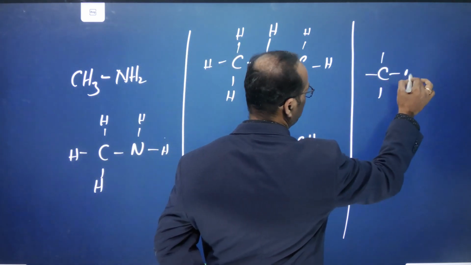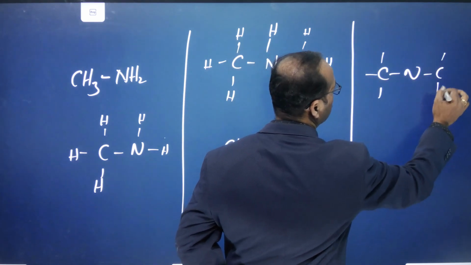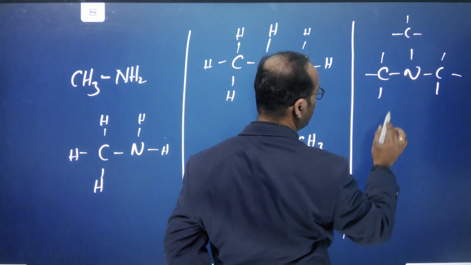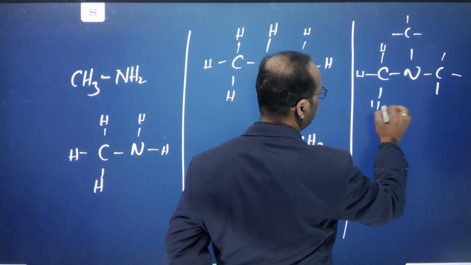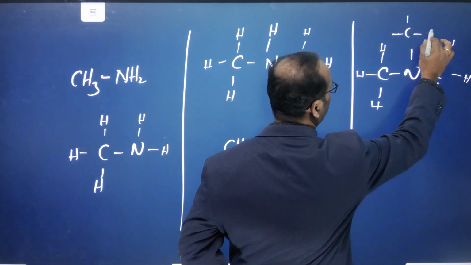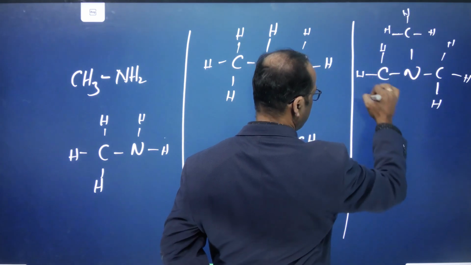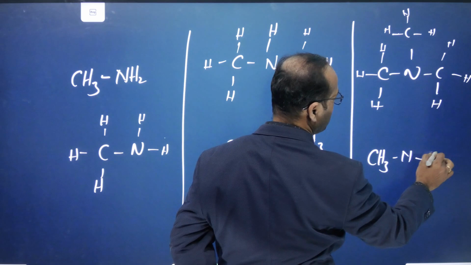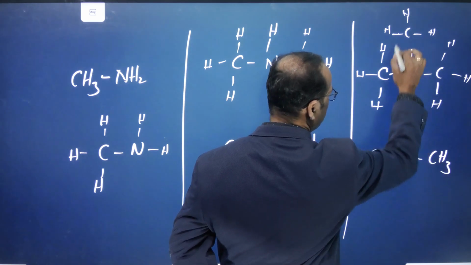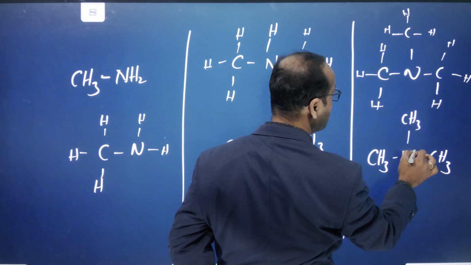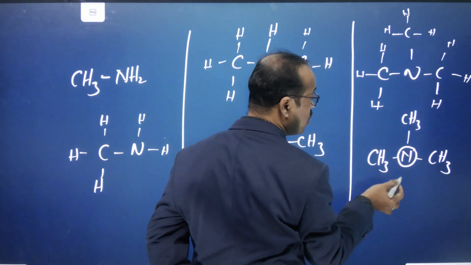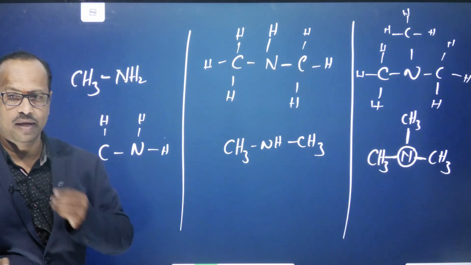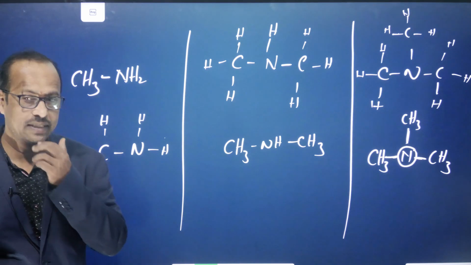Nitrogen, and this is CH3, and this hydrogen also we replace with CH3. In condensed form, CH3, nitrogen, CH3, and CH3. Here you see this amine group, that is nitrogen, is attached to how many carbons? 1, 2, 3 carbons, right? So this is called a tertiary amine.